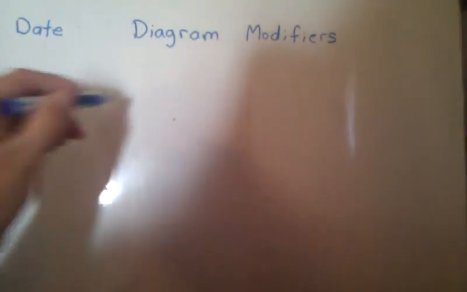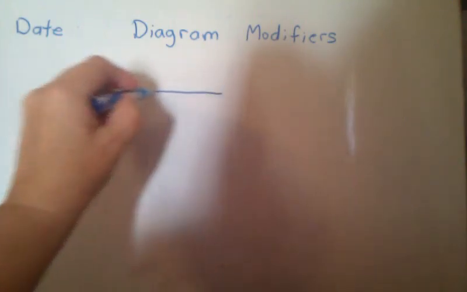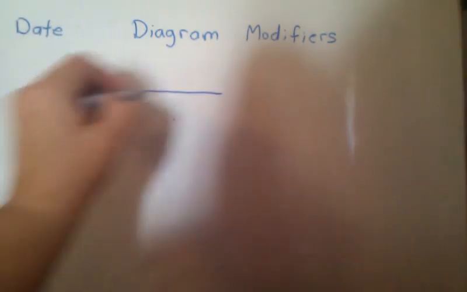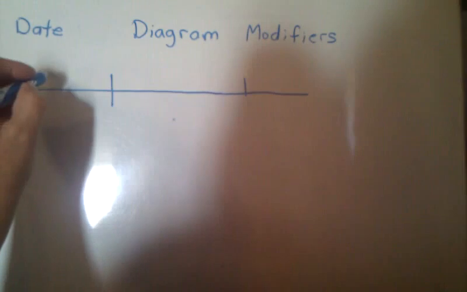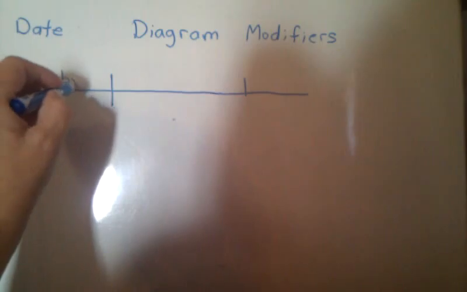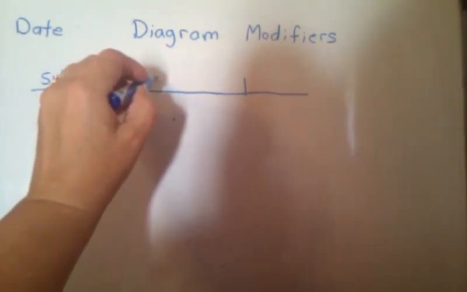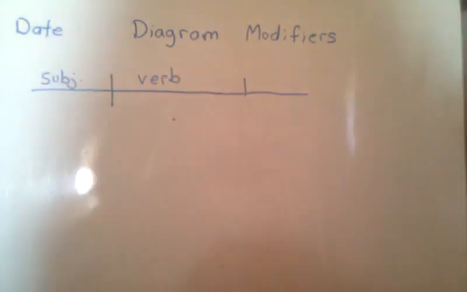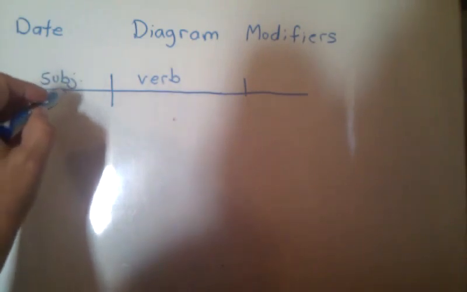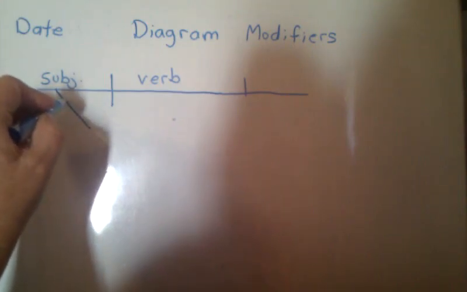Okay. So if I have my diagram, I know my subject goes here. I know my verb goes here. Anything that a subject is a noun. Anything that describes a noun is an adjective.